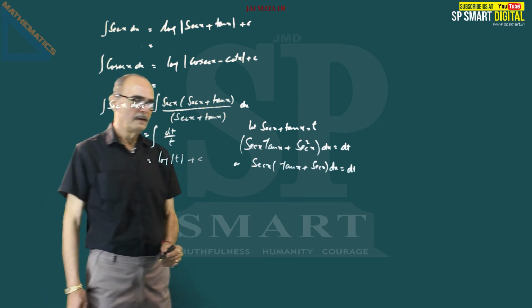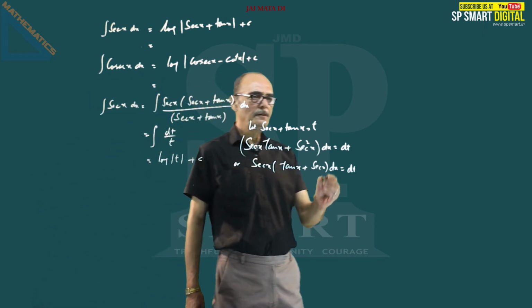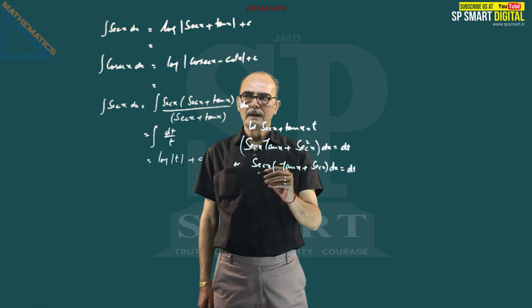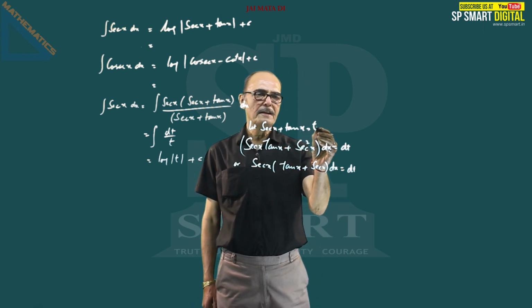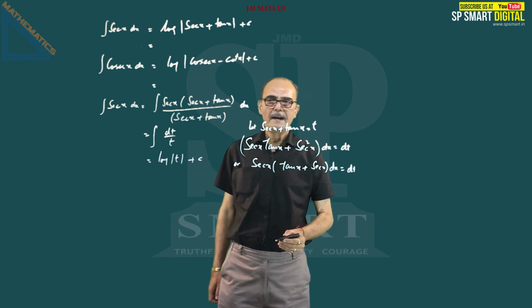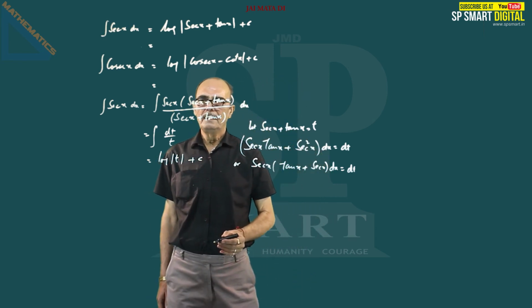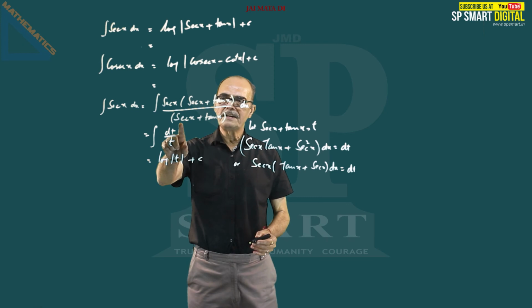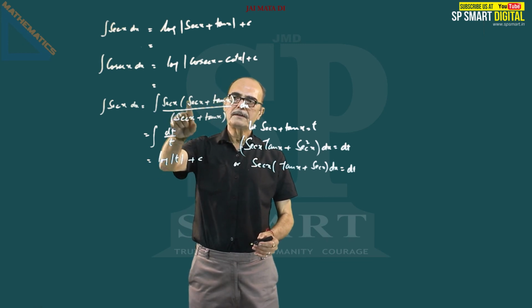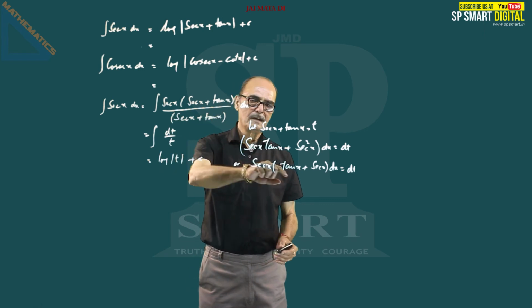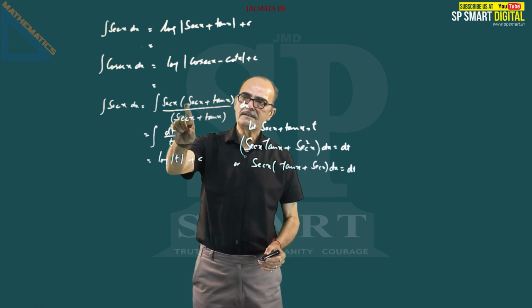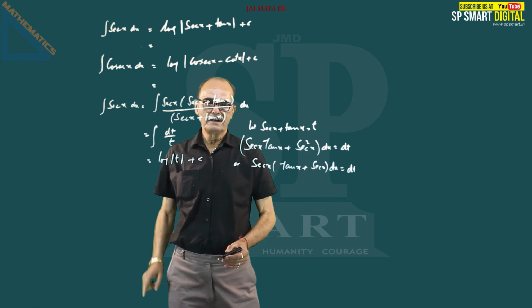Otherwise, when you substitute secant x plus tan x equal to t, another way, orally, you could say that the derivative of secant x in the numerator is secant x tan x, and the derivative of tan x is secant square x.